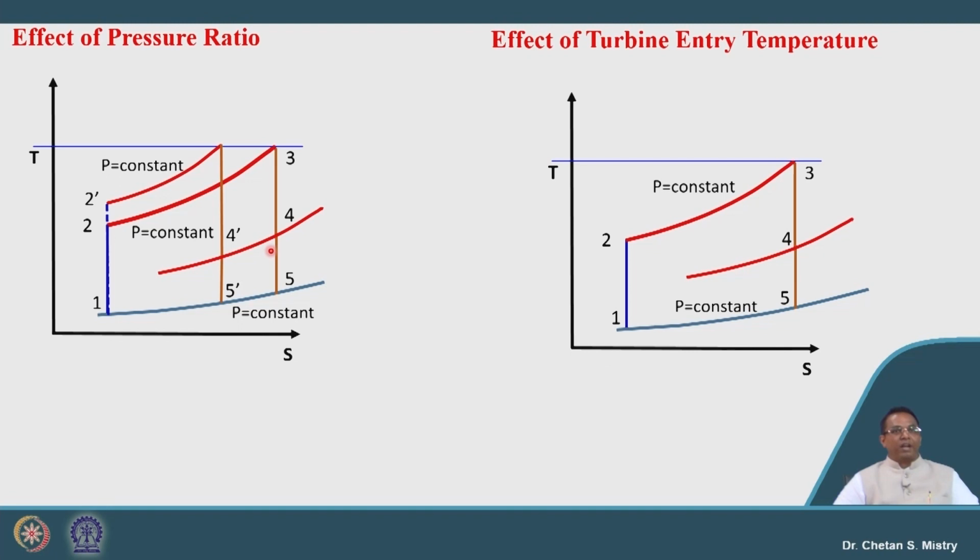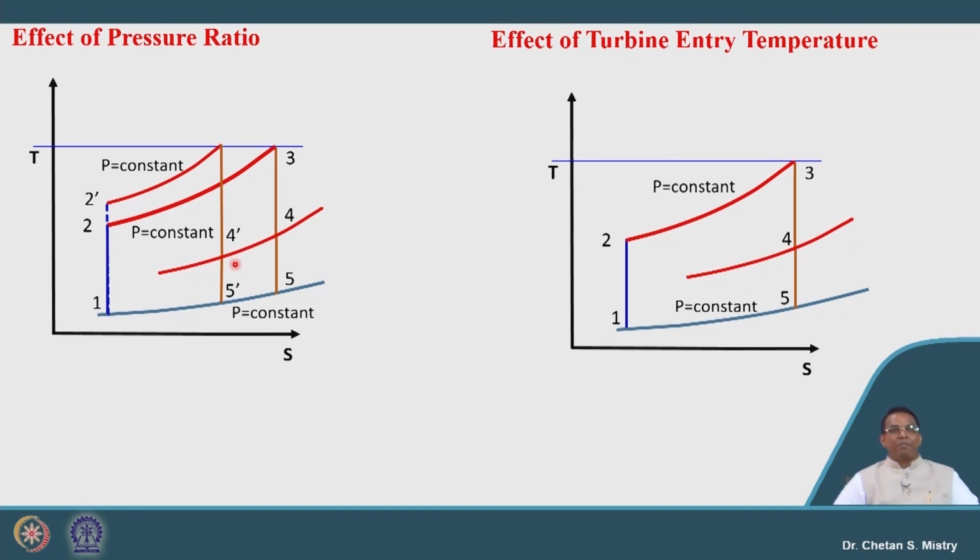If we look at this enthalpy, H4 minus H5 and H4 dash minus H5 dash, we will see H4 dash minus H5 dash will be lower. That indicates my exit velocity is lower, and when exit velocity is lower, our thrust will be lower.